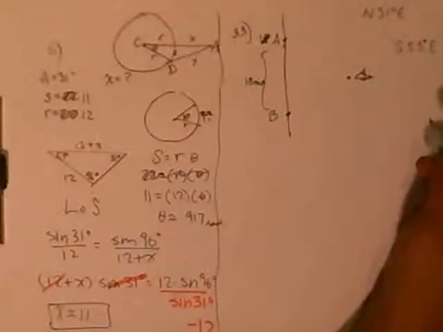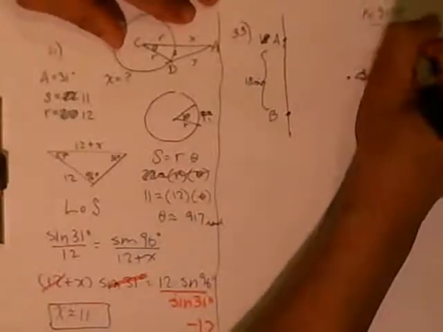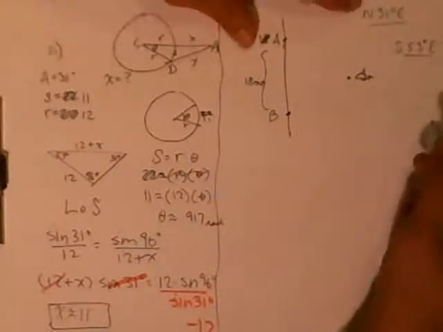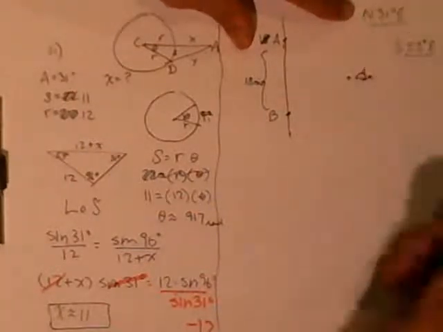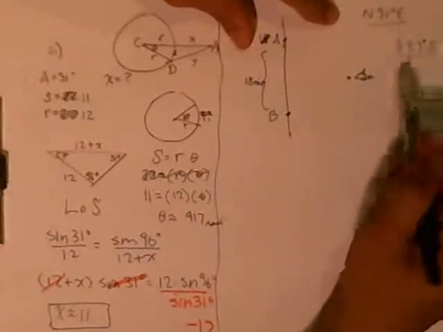From the two observation points 18 miles apart on shore, the bearing of the ship is north 31 degrees east and south 53 degrees east. This is called bearing, guys. You have two different forms of bearing.